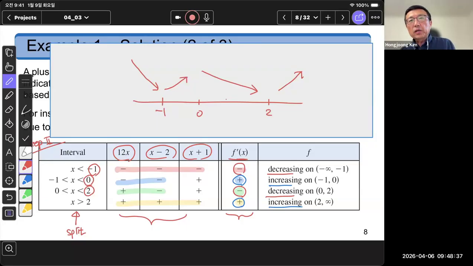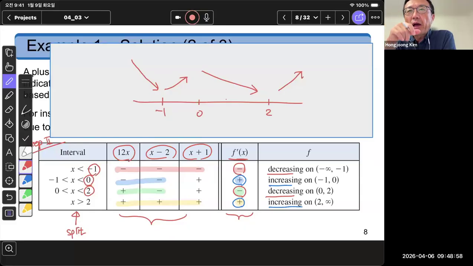So by looking at this f prime, I can get a certain feeling.